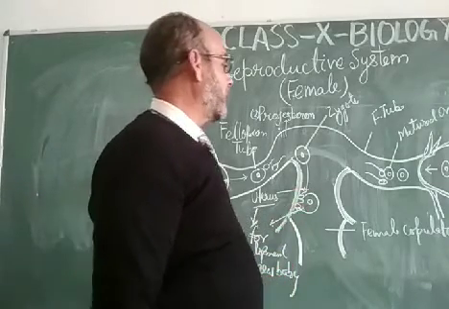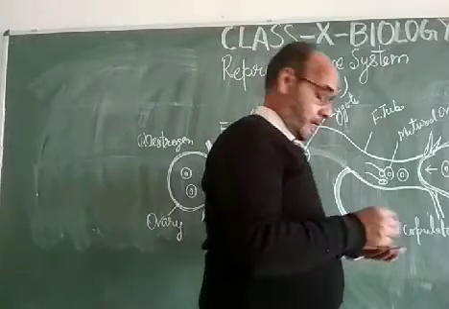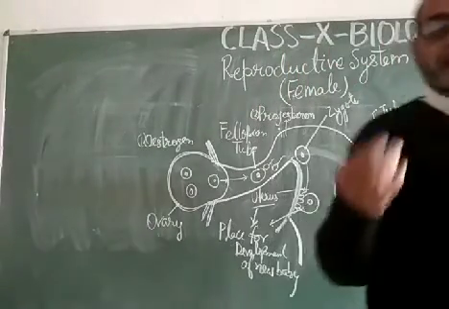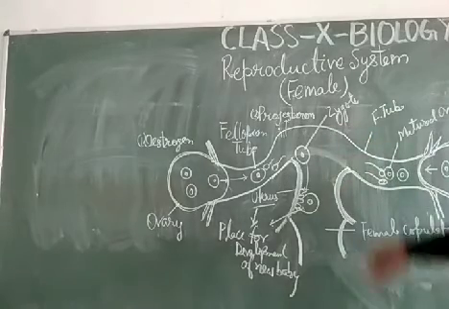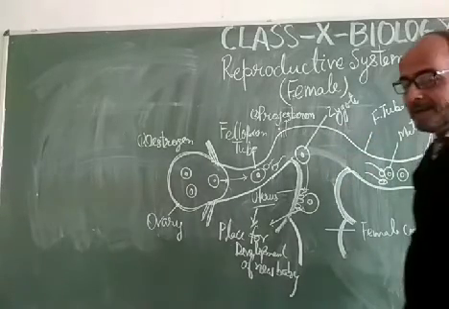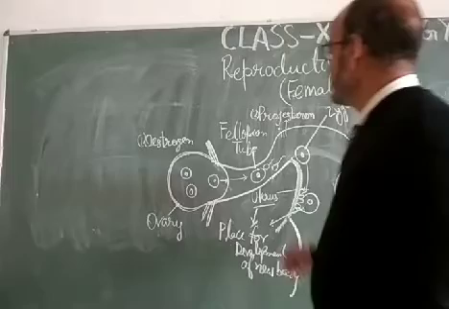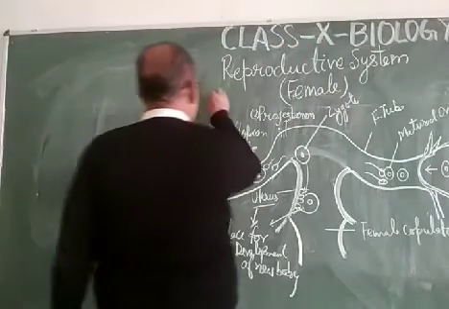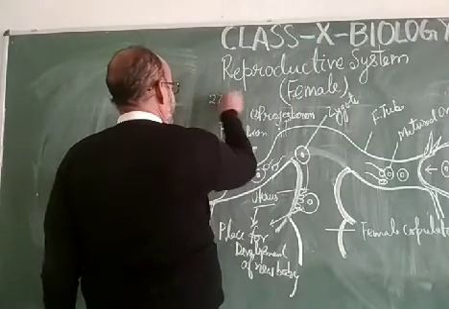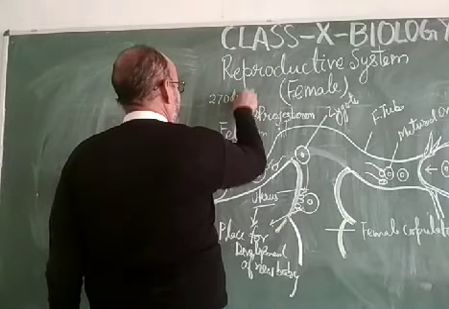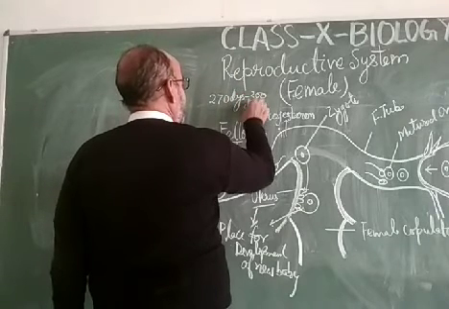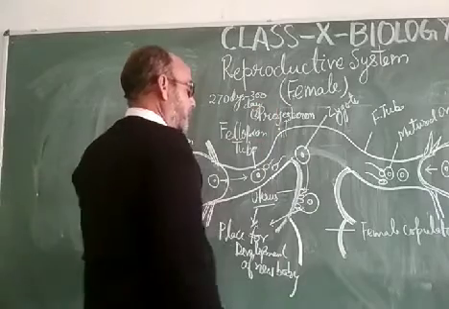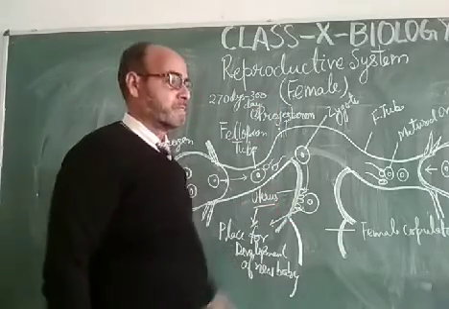So the uterus is the part where the new fetus develops, and this complete process takes more than 9 months. 9 months means 270 days, and 270 to 300 days will be taken for the birth of a new baby.